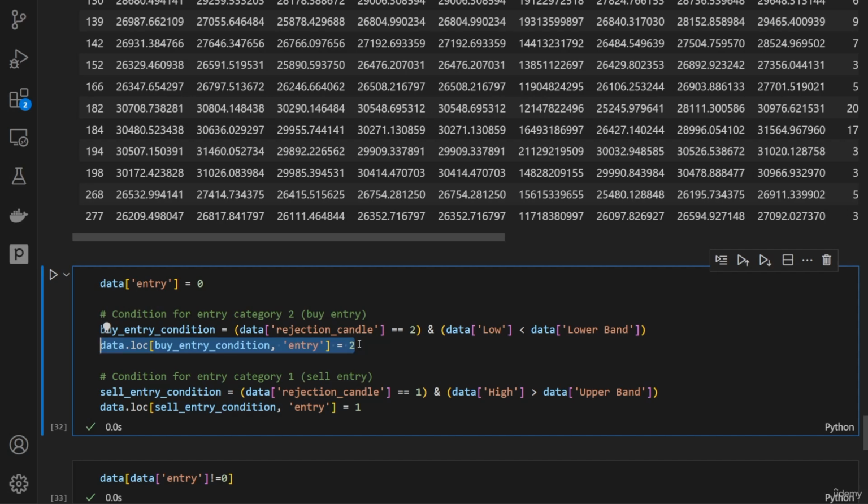This is why it's a category equal to 2 in the entry positions. At the same time, if we have a rejection candle showing a bearish pattern, and it's happening where the high price of the current candle is above the upper Bollinger Band, we expect the price to retrace back down to the Bollinger Band zone. And this is why we are putting category equal 1 as an entry signal.